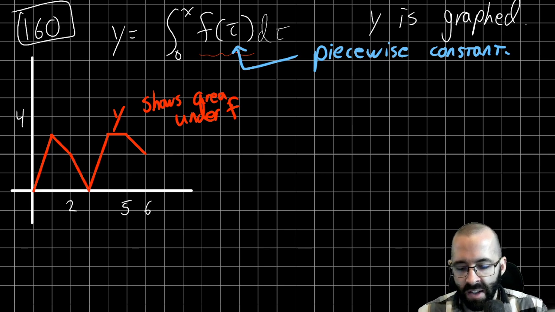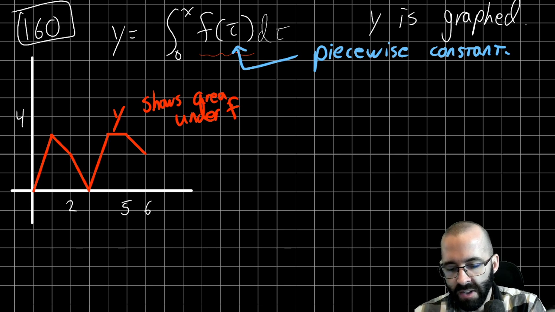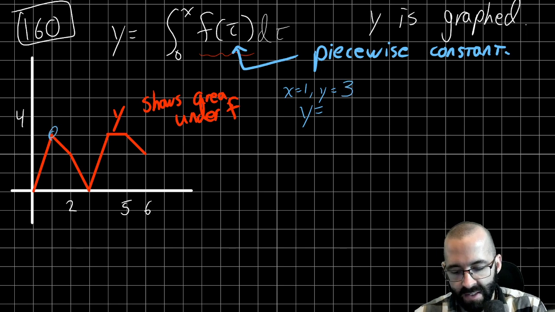Because specifically, we know exactly what the function is from 0 to 1, because when x is equal to 1, we know y is equal to 3 because this point is on the graph.